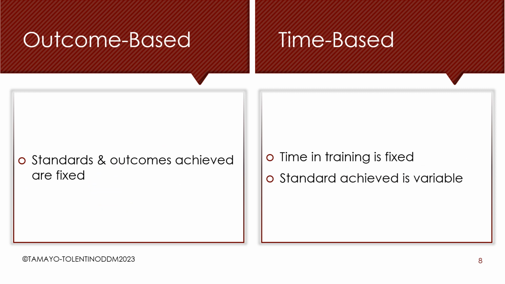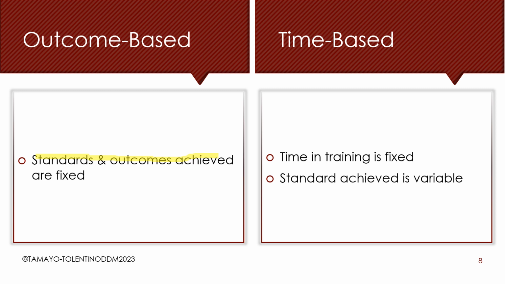Outcome-based assessment, meanwhile, reflects the move to outcome-based education. One of the principles of OBE, especially when it comes to assessment, is high expectation, where the standards and outcomes achieved are fixed and defined. What is variable in outcome-based assessment is the time in training.